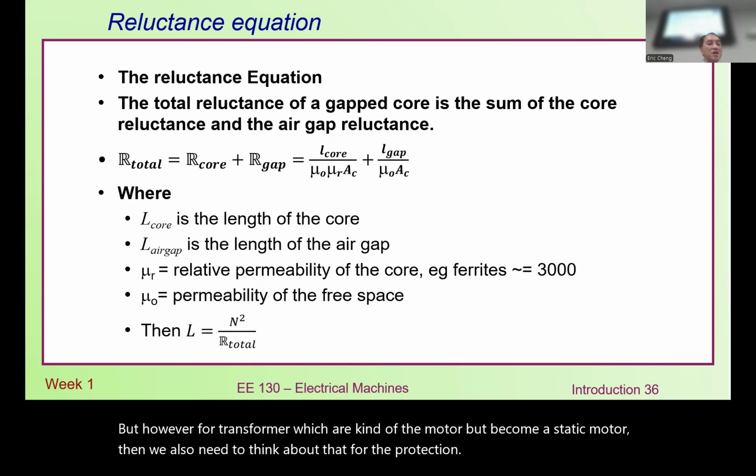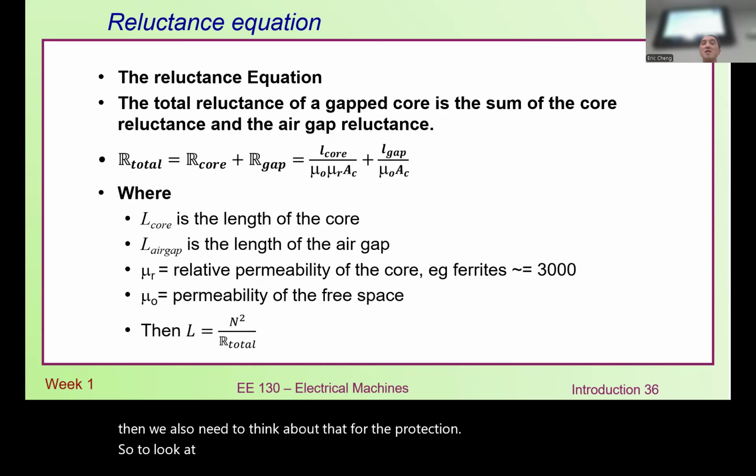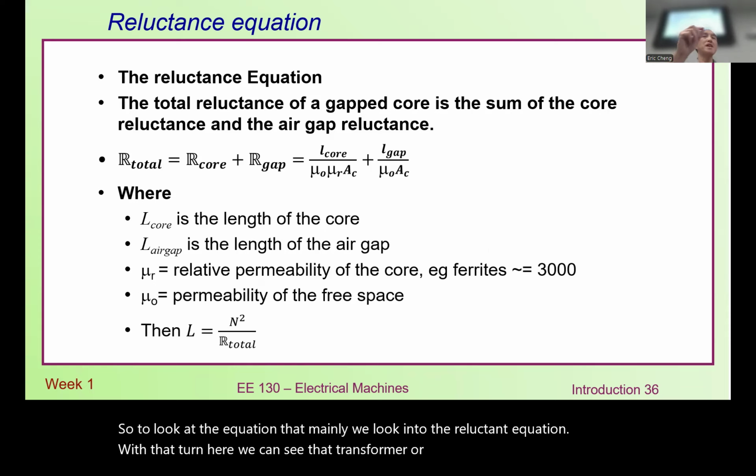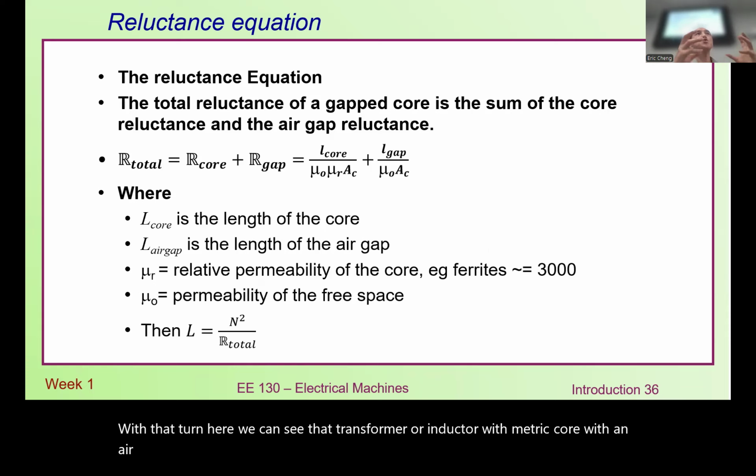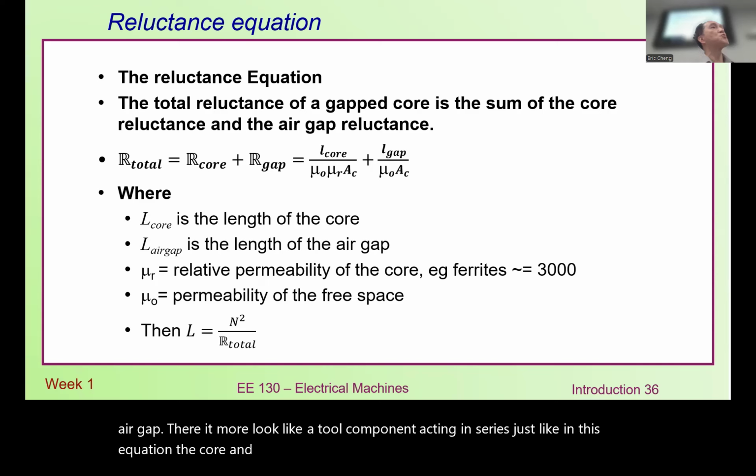To look at the equation, we mainly look into the reluctance equation. If you look at a transformer or inductor with a magnetic core and an air gap, it looks more like two components acting in series. Just like in this equation, the core and air gap are put together in series.